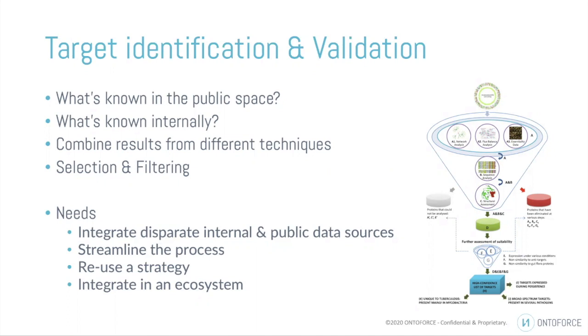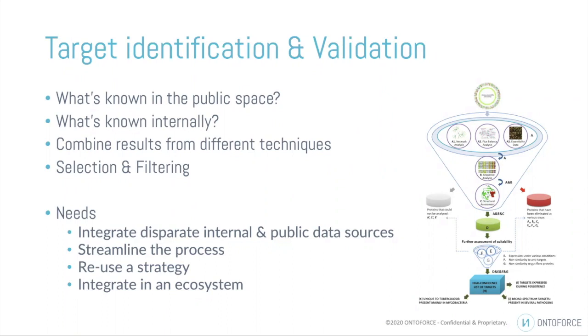And also, we have a constant evolution in the availability of certain techniques. There is a constant invention of new technologies which produce different types of outputs and which also sometimes make it difficult to combine. On the right side, we show a funnel.